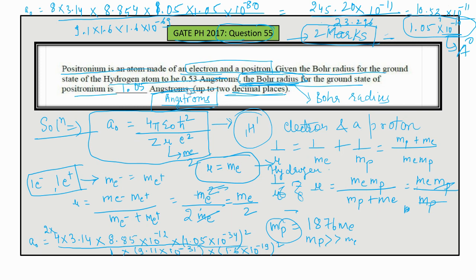But no, there is a trick, because it is given positronium, and it is clearly given that electron and positron both have equal mass. It's not a proton, because in the case of a proton, the proton has higher mass than the electron. So that is why in this case, mu is equal to me by 2, not like the hydrogen case, where mu is equal to me. So this is the question. This came in the GATE 2017 examination.